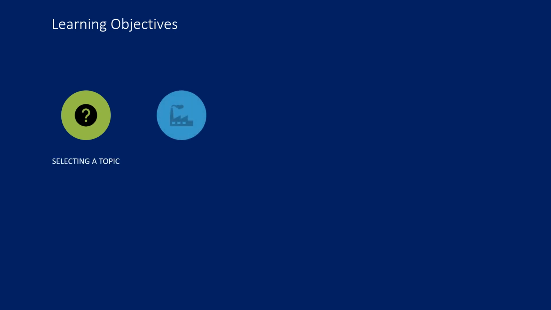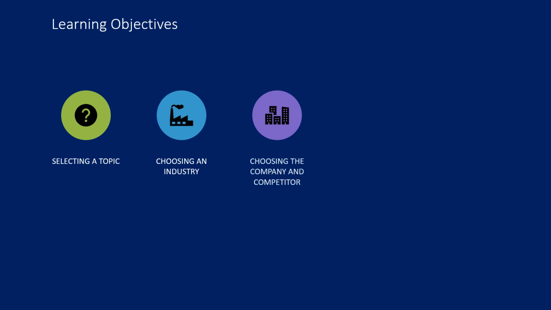Now let's have a recap of the learning objectives in this lesson. So we've discussed the criteria for selecting a most suitable topic for our research. Then we discussed in a hierarchy how to choose a perfect subject company and an ideal candidate as a competitor.